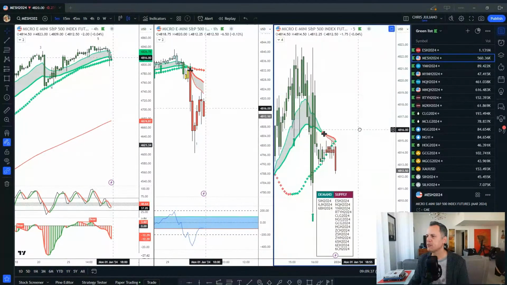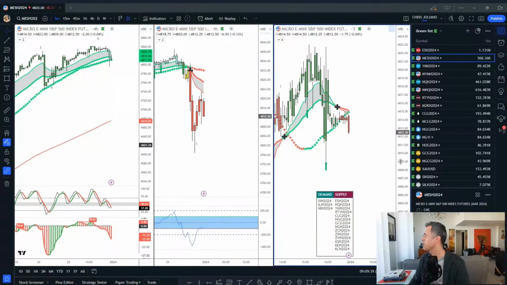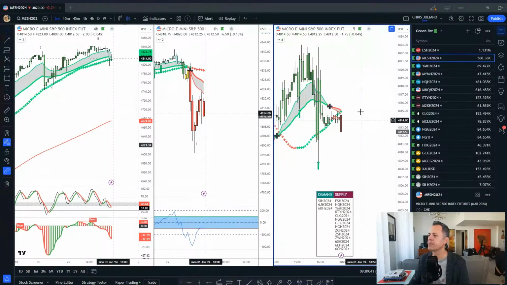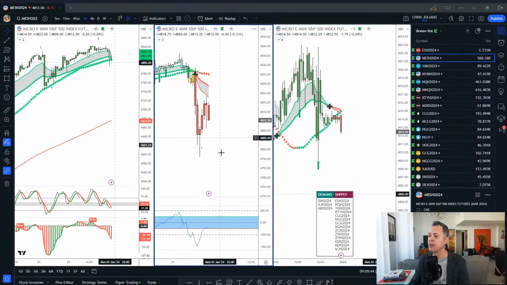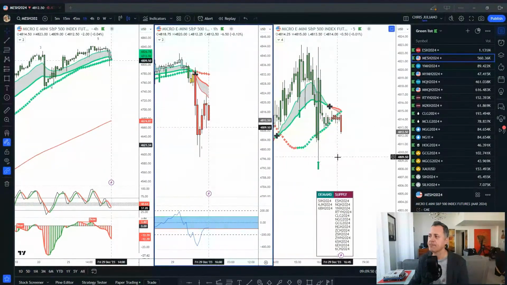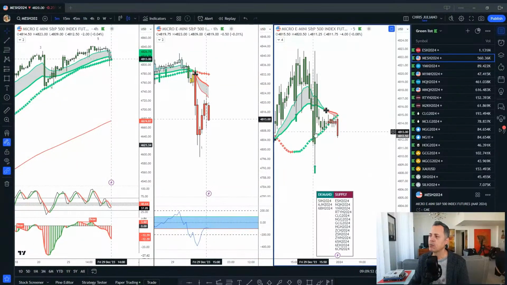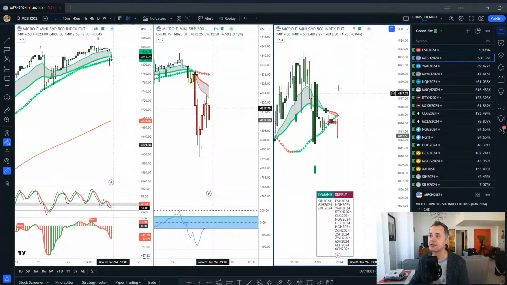So if you take a look right now at this chart right here at the S&P, the micro S&P, momentum is down, right? Trend is down on that 1-hour chart. We like that, and we're just crossing to the downside here on the 15-minute chart. So we're very early in this 5-minute trend here.